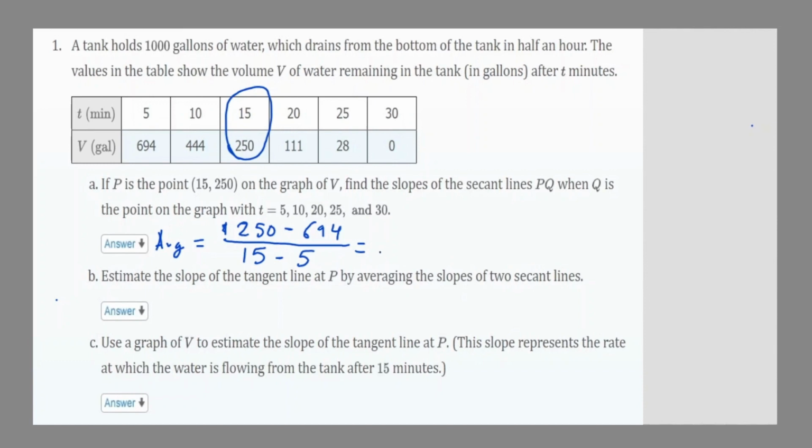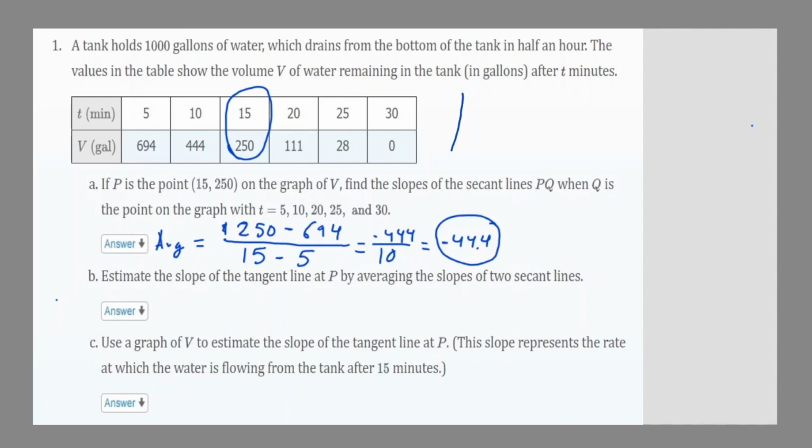And now on the bottom would be 10, and on the top we would have negative 444. Now if you make that even smaller, we get negative 44.4, which would be the slope of the line PQ when T is equal to 5.